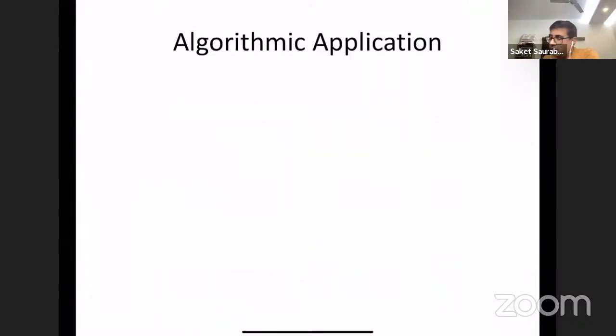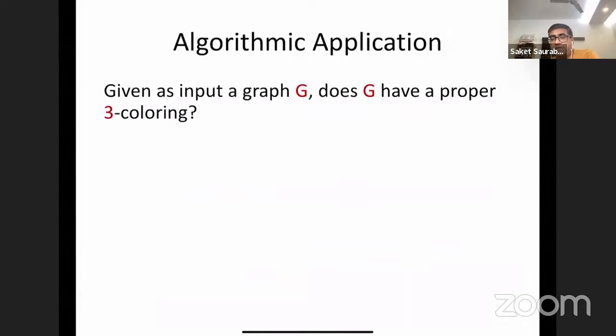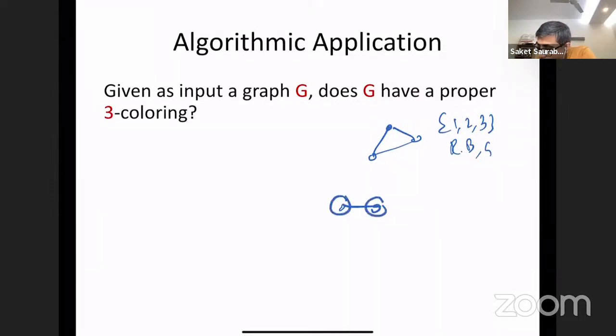Okay, and there are lots of good algorithmic applications. So for example, if I give you an input graph G and ask you, does G have a proper 3 coloring? So what is a proper 3 coloring of a graph? It's basically you have a graph, and your objective is to color your graph nodes or vertices with 3 colors, say 1, 2, and 3, or red, blue, green, whatever, such that every edge has the following property: no edge has both endpoints red, or both blue, or both green.